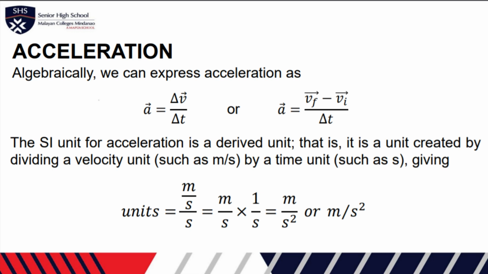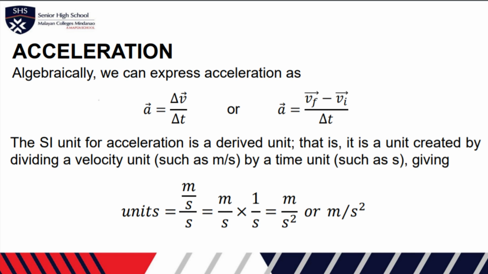In order for us to express acceleration in quantity, we need to consider algebra. Algebraically speaking, we can express acceleration as acceleration is equal to change in velocity over change in time.